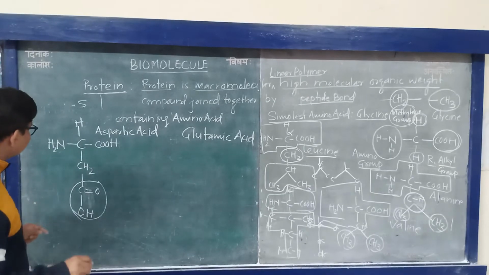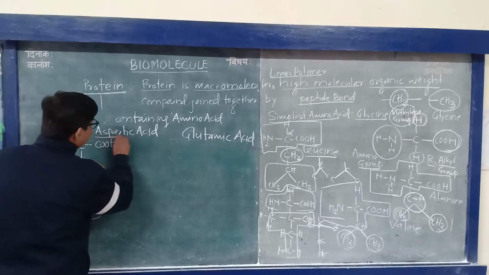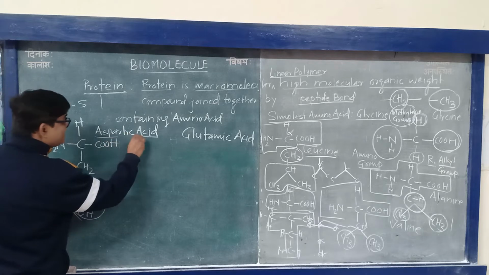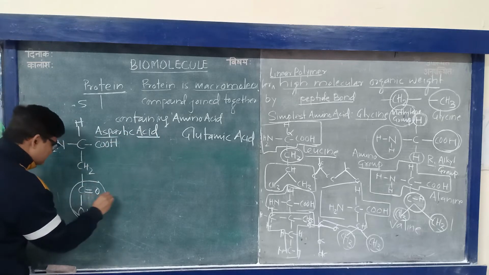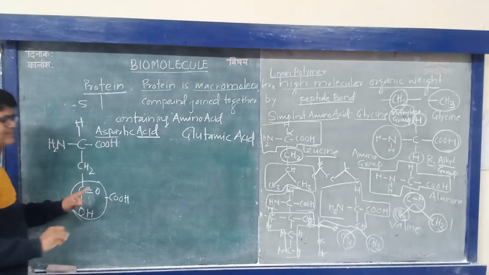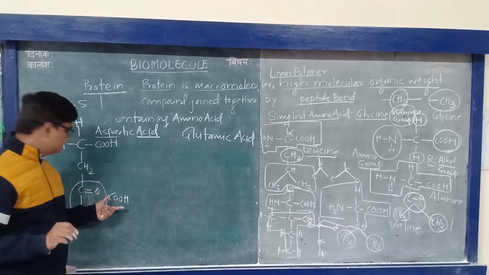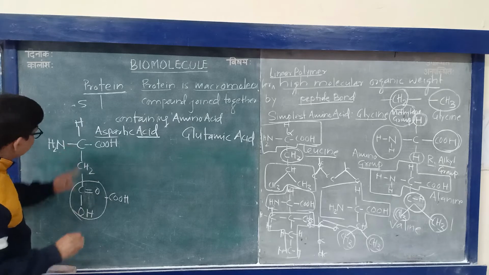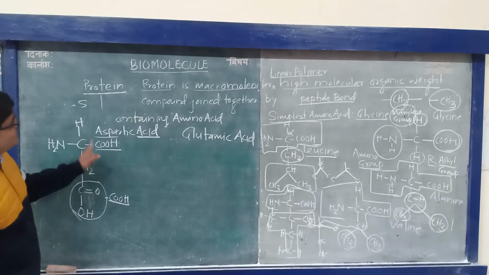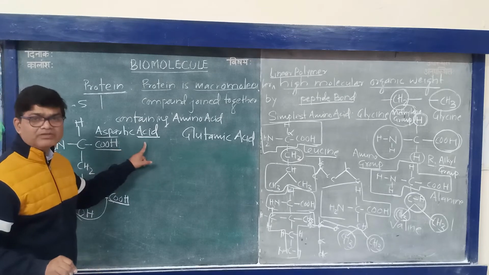So why am I calling this aspartic acid? Because the acid group is there. You will learn in organic chemistry or biochemistry, this is the acid group. There is one more acid group, so that's why it is an acidic amino acid.